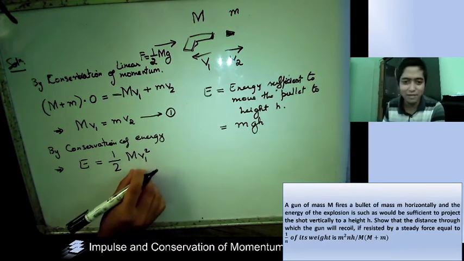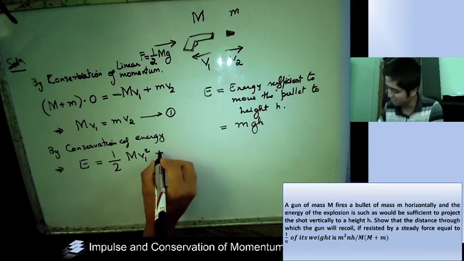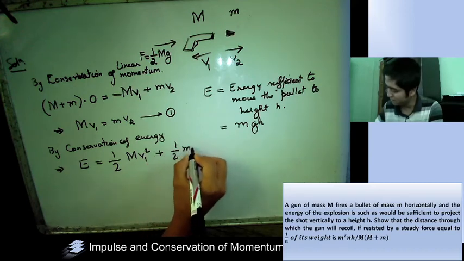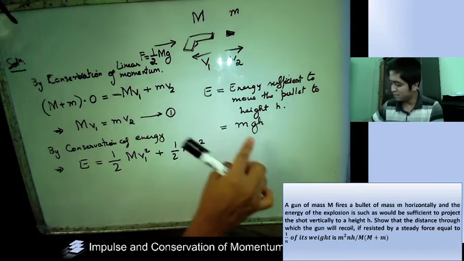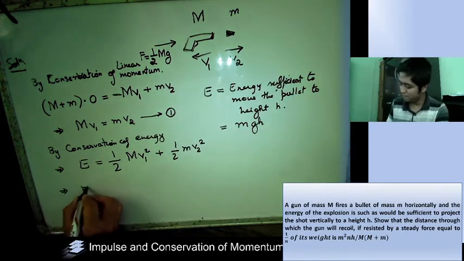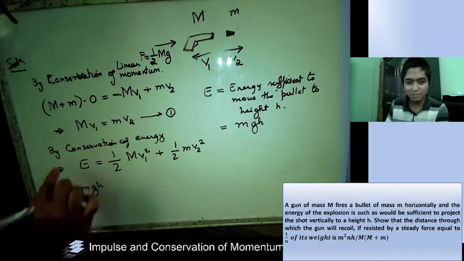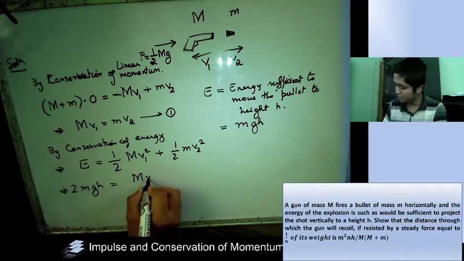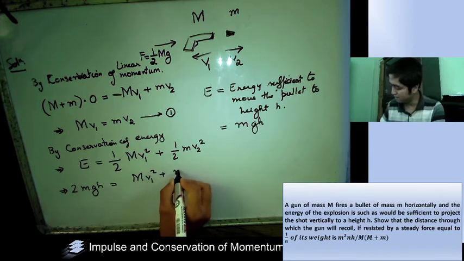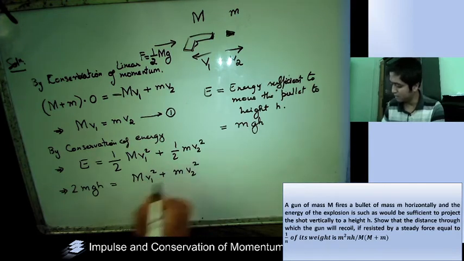So that's why I've written it directly like this, half m v2 square. But E is equal to mgh. Multiply this by 2 over here, you will be getting 2mgh equals m v1 square plus m v2 square.